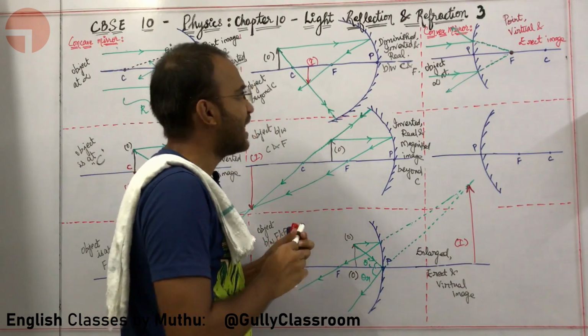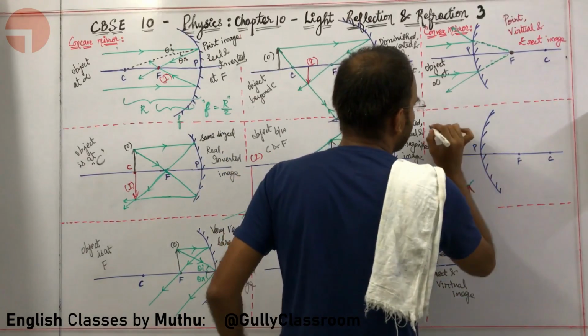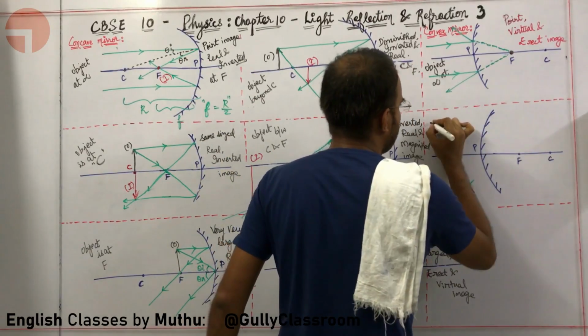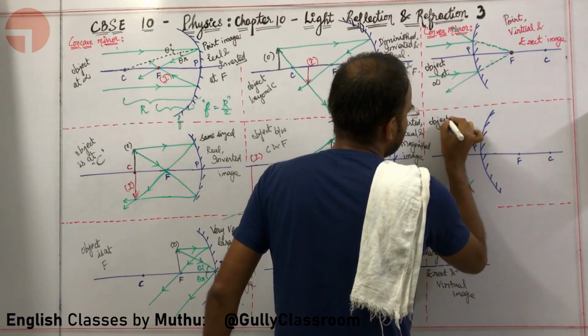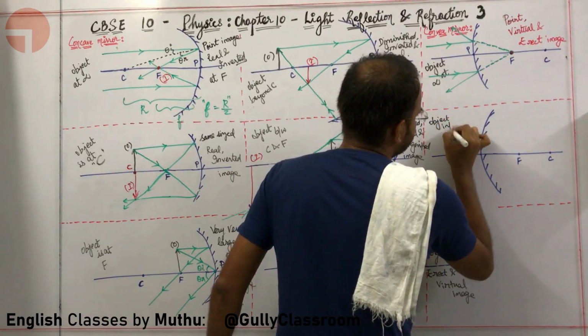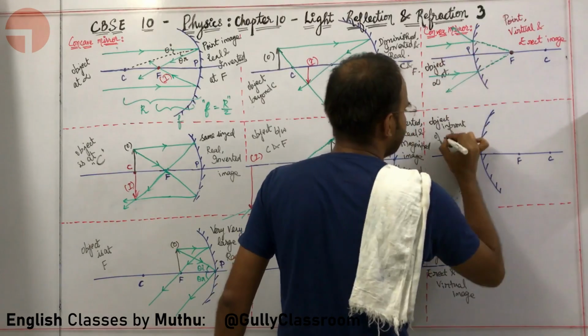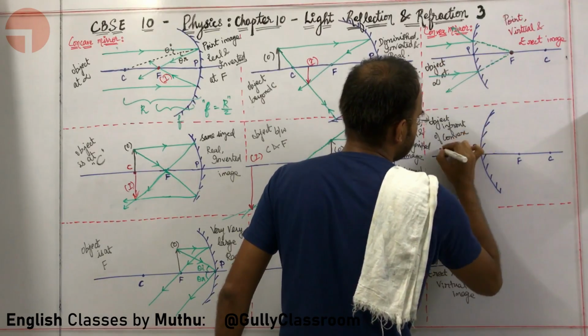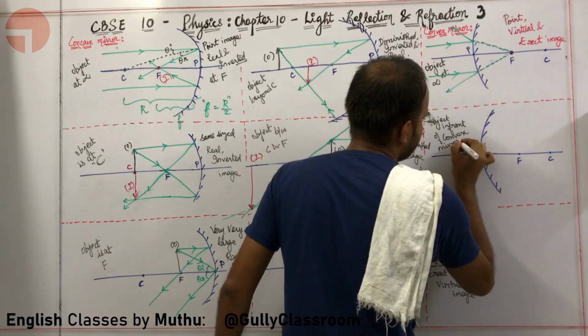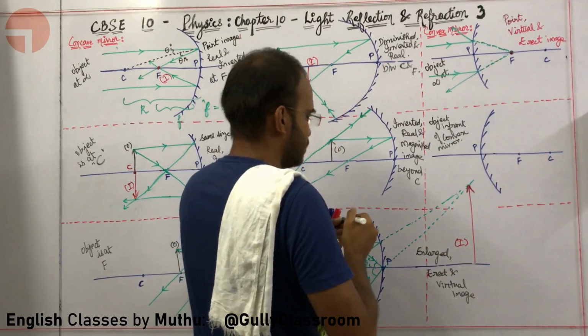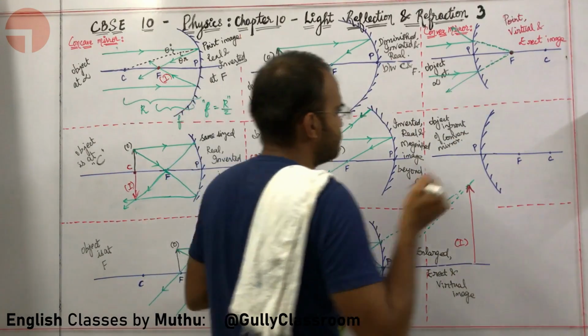I am going to have the object in front of the mirror. This is the reflecting surface. I am having the object in front of the convex mirror. So I am having the object like this.